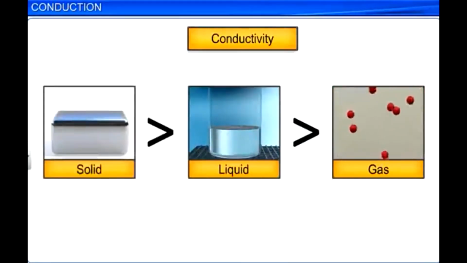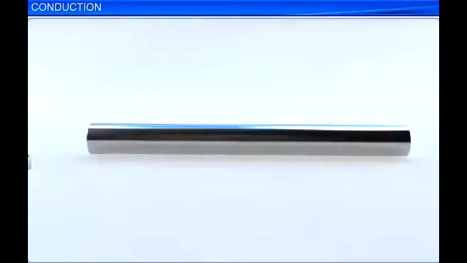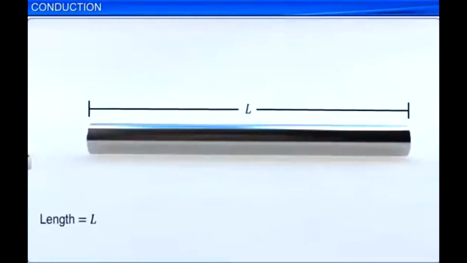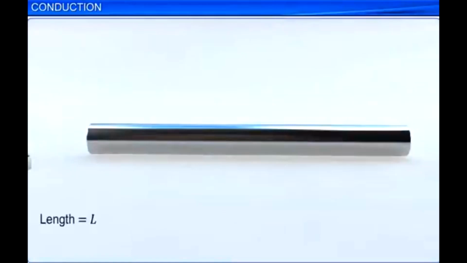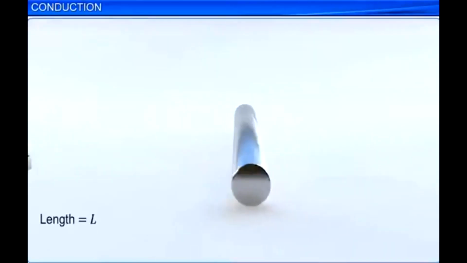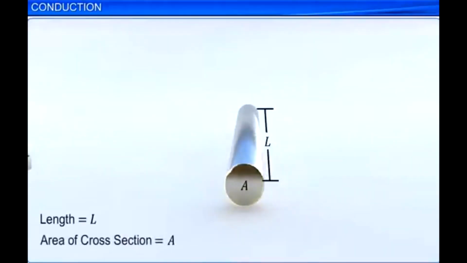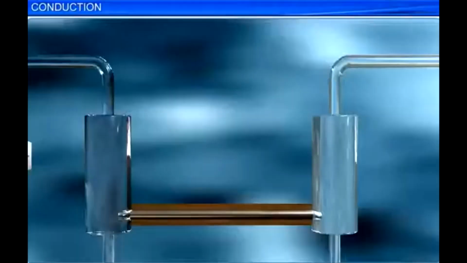Now consider a metallic rod of length L and a cross-sectional area A. Let the two ends of the rod be maintained at two different constant temperatures, T1 and T2.